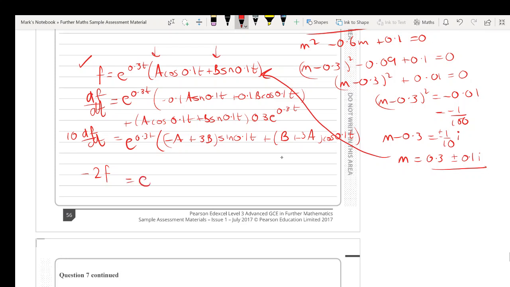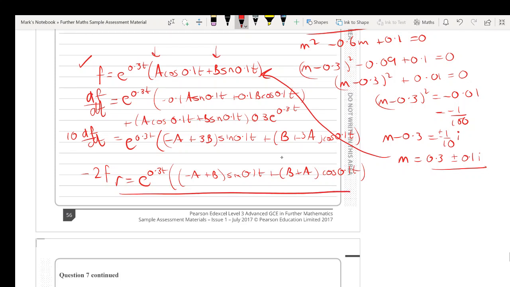So we'll end up with e to the 0.3t. If we take away 2 b's, we're going to end up with plus b sine 0.1t. If we take away 2 of the a's from the cos, we're going to get b plus a cos 0.1t. And that's what r is. There's your answer for r.